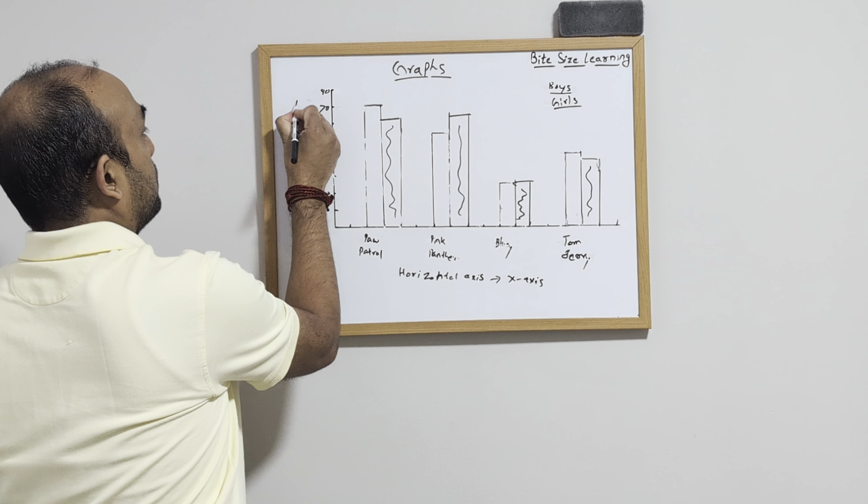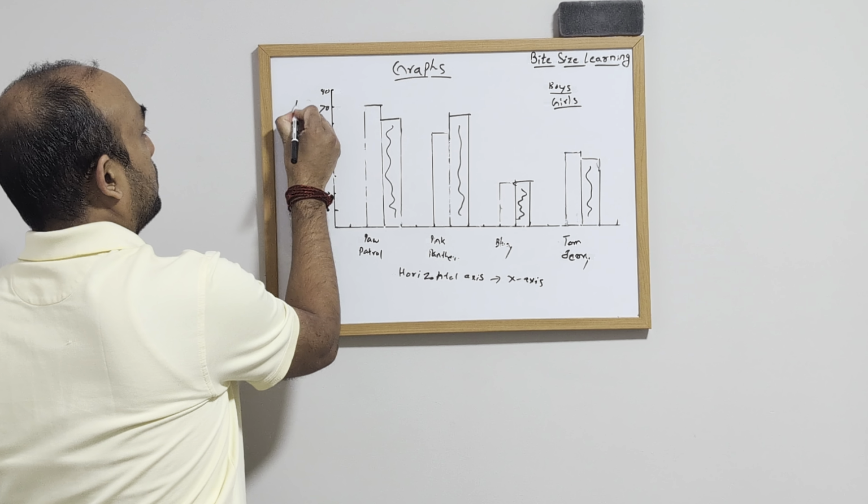Now let's take another question. How many boys and girls have taken part in the survey? This is a bit of a difficult question, but if you know how to calculate it, you will be able to do it. In this survey you have boys and girls for each of the cartoon shows, so you just need to sum up the numbers.